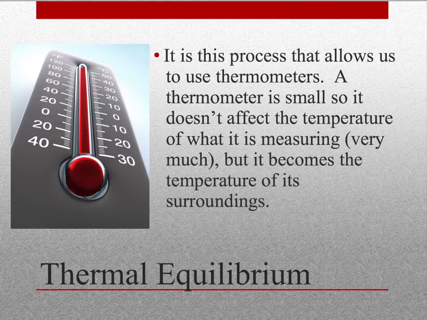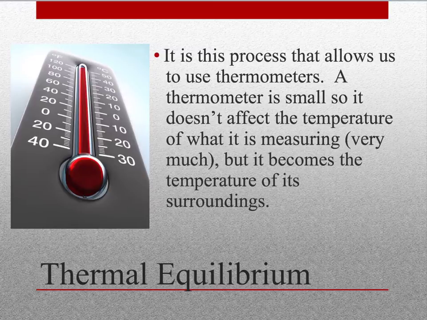So this thermal equilibrium, this is the process that allows us to use thermometers. This is the way thermometers work. The idea is that a thermometer is so small compared to its environment. So if you put it in your body, your body is a lot bigger than a thermometer. Or even if you're comparing it to outside, all of the outdoors is much bigger than just a thermometer.